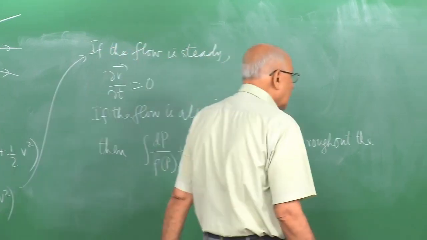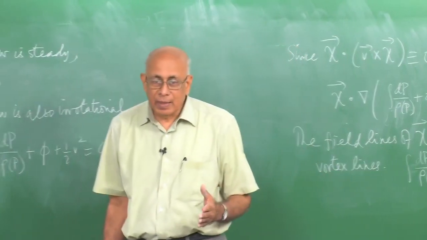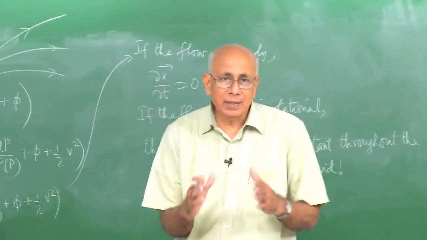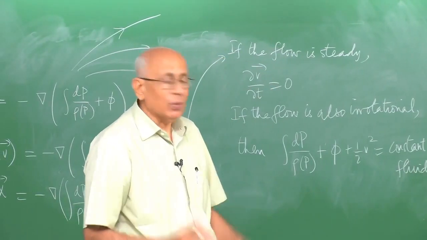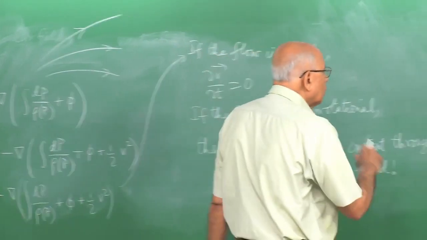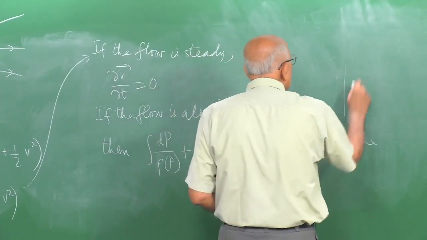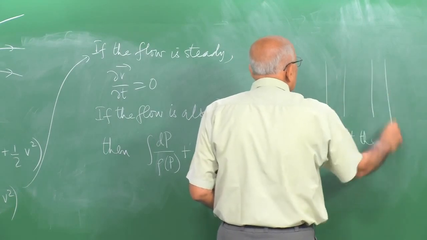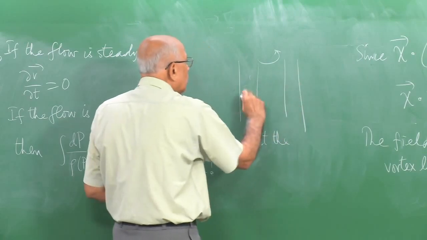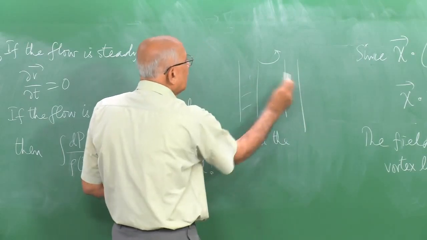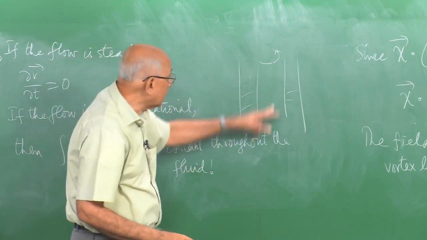And then of course you could ask what happens if the vortex lines and the streamlines exhaust all possible directions in some specific sense. Well, then the whole thing is constant along the entire fluid. I mean, this is what happens if you took two concentric cylinders, and you rotated the inner cylinder keeping this one fixed and you put fluid here, then the streamlines are lines which are concentric circles with this center as axis.